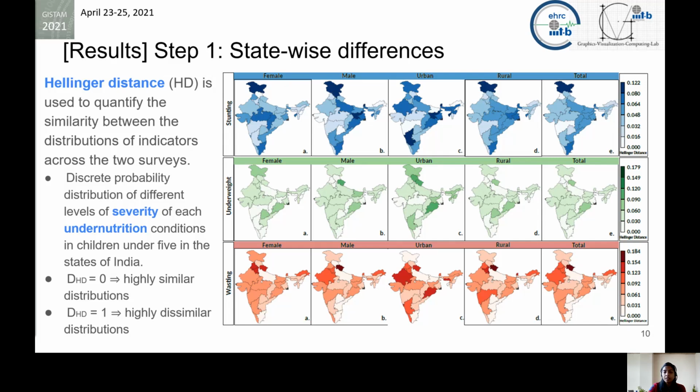We observe that isolated states show relatively higher HDs, namely Jammu and Kashmir for stunting and Uttarakhand for wasting across all population groups. This could also be attributed to the lesser number of samples from these regions. Overall, we conclude that the two surveys can be integrated given the closeness in time period of survey and distribution of stunting, underweight, and wasting.